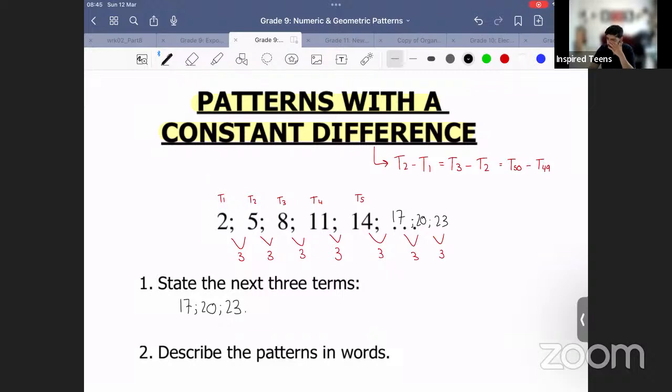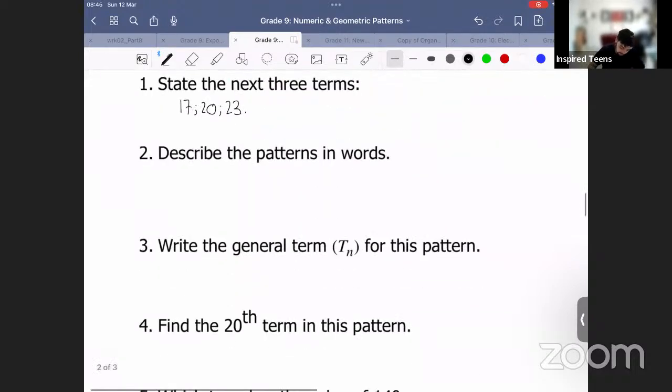Okay, correct, but you always say what you start with, okay? So you say the pattern starts at 2 and then adds 3 each time to get to the next term. So it starts at 2 and you add 3 each time.